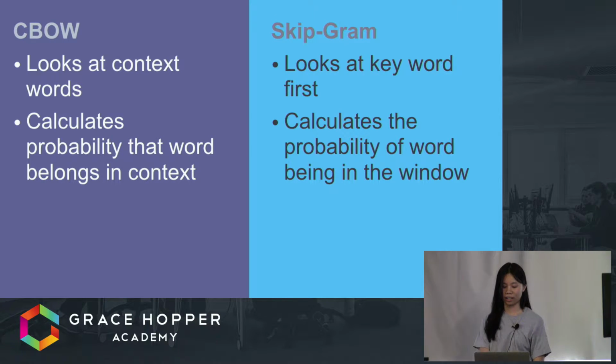The algorithm goes through a cycle where it guesses all these weights in the vectors and calculates the probabilities of all the other words being in a window, and then it compares it with the actual text. And that's how we get all these labels without having to put them in beforehand.